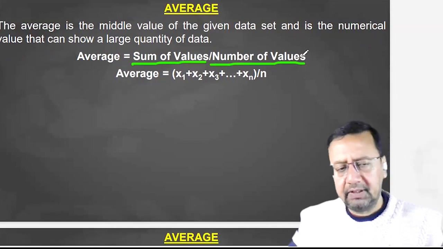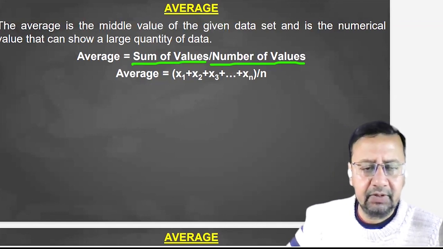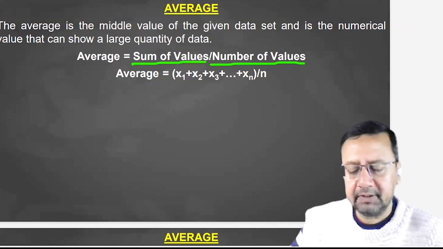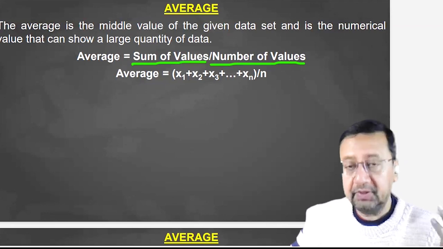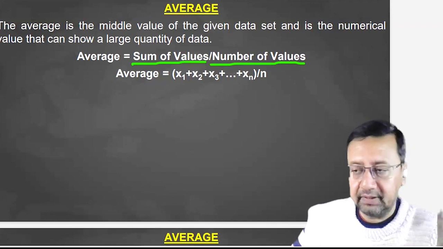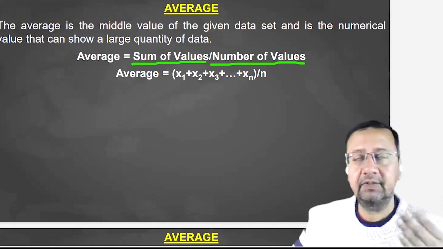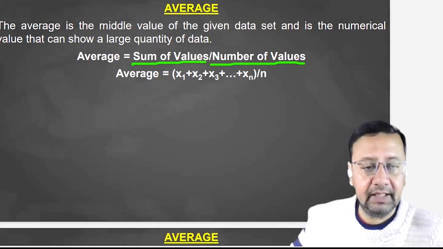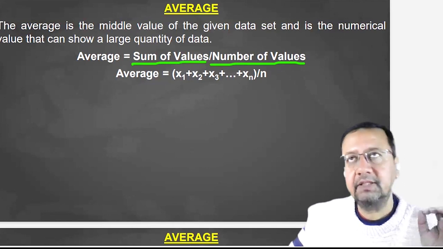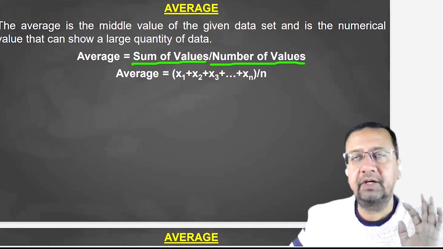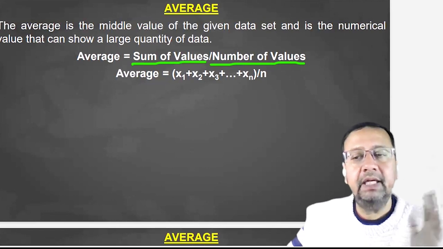Let's say some of you must be working in different organizations in different capacities, so you must be calculating the average salaries, average production, average sales, average number of employees, average attendance, right? So this is a simple average, and we call this the mean average.